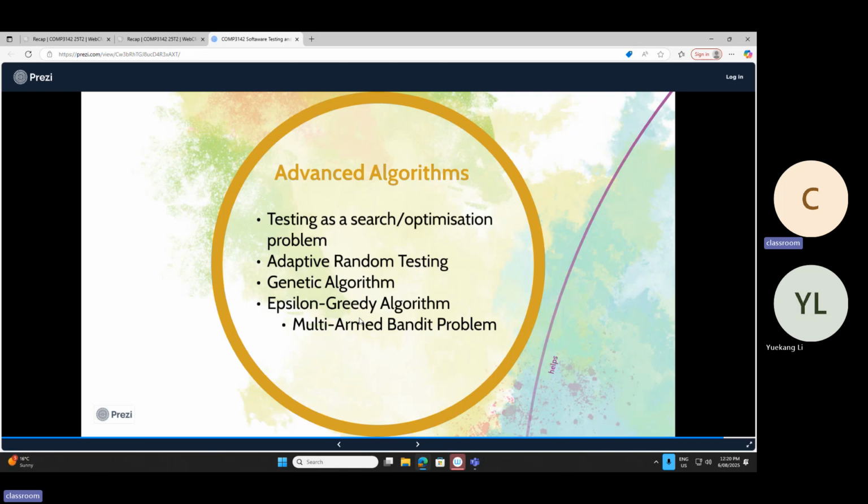Before we learn these algorithms, we tried to formulate testing as a search and optimization problem. The reason is if we can formulate testing as a search or optimization problem, then we can apply algorithms solving these types of problems to testing, right? So that's the rationale here.